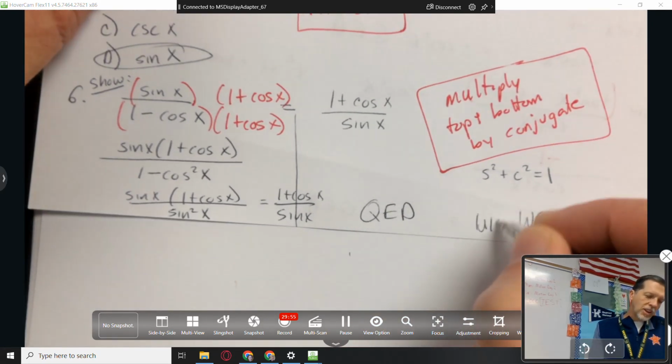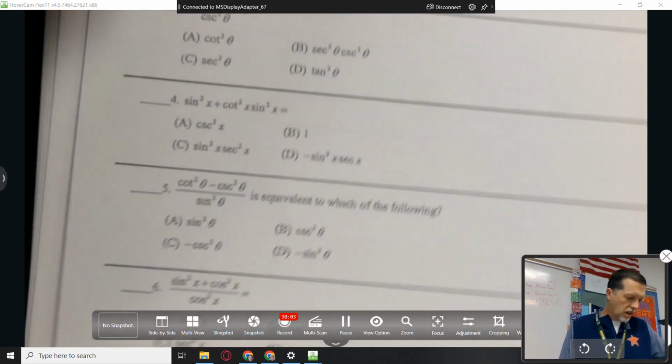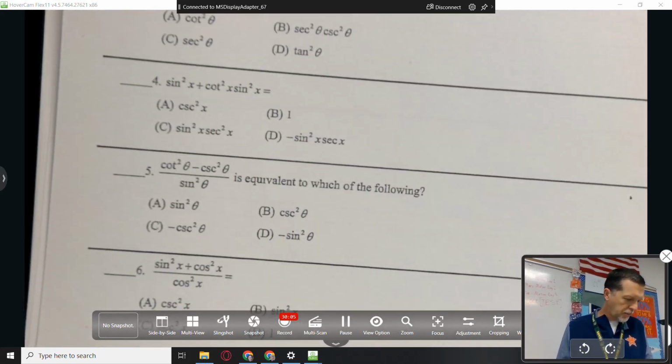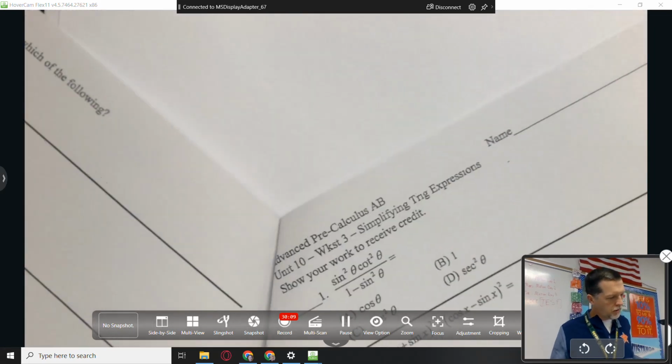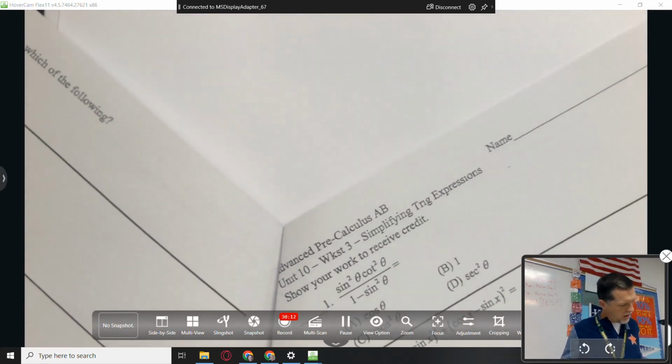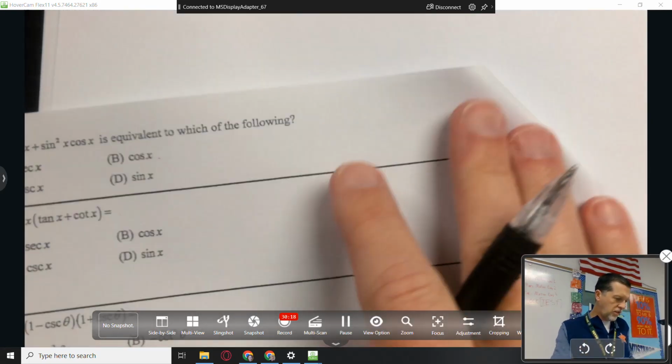Well, in fact, let's look at worksheet number 2 and see if we can spot the conjugate problems. Look at page 2.